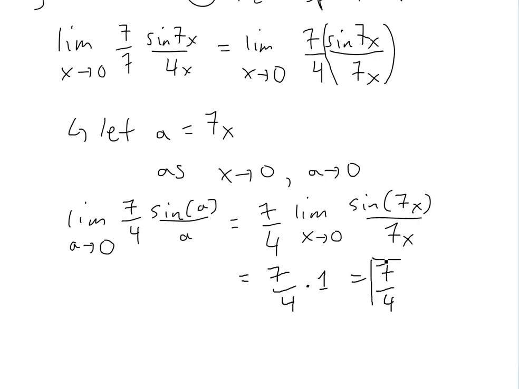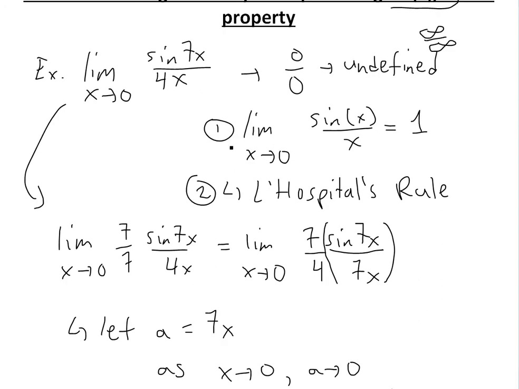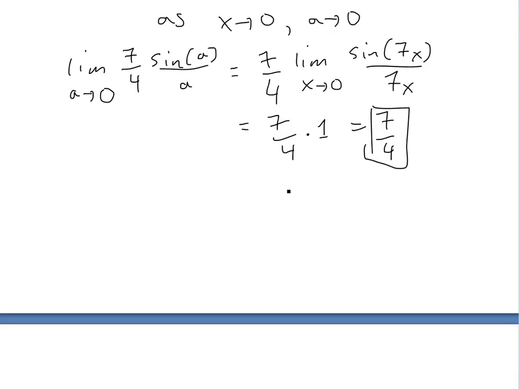So this is an easy way of applying the rule. I just wanted to do the extra step of letting a equal 7x to show you it's the same thing. But you can also use L'Hopital's rule, and I like using it, though I still don't understand why in my first year of calculus they wouldn't accept the marks for it.